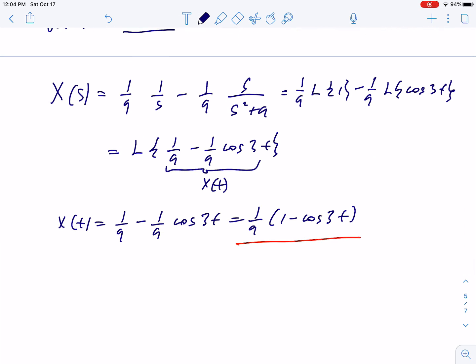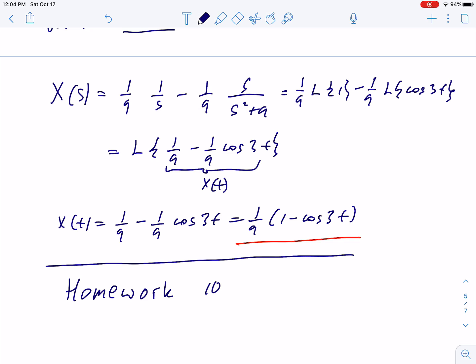I'm ending now with the homework. Homework, section 10.2, and this is part 1 of the homework, because we shall continue with this section.